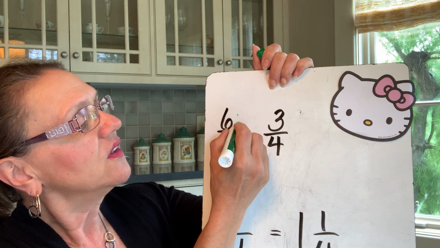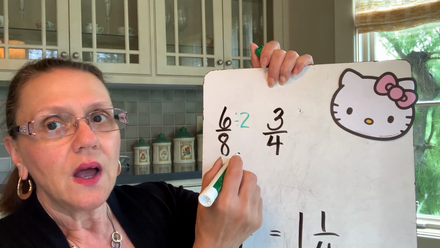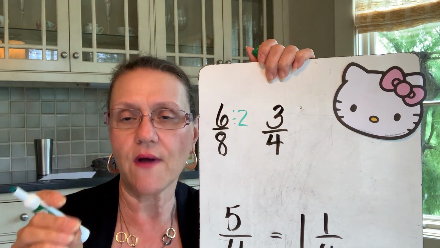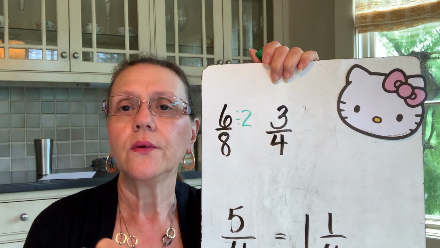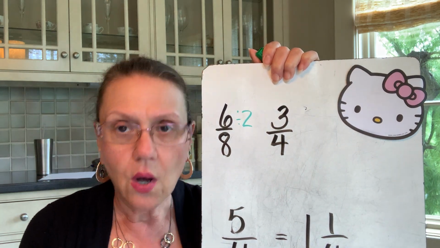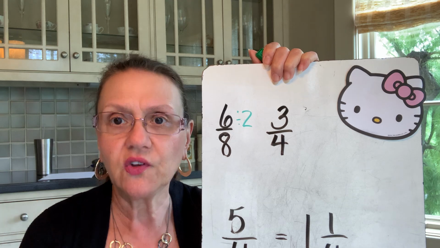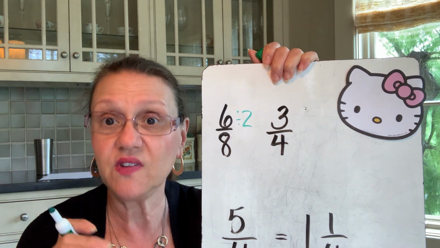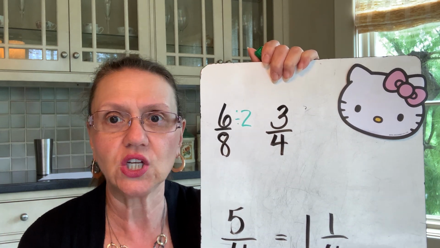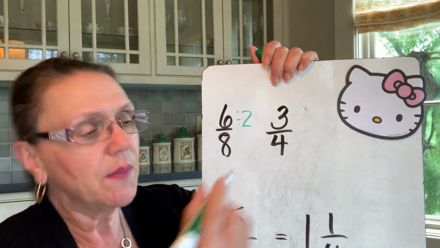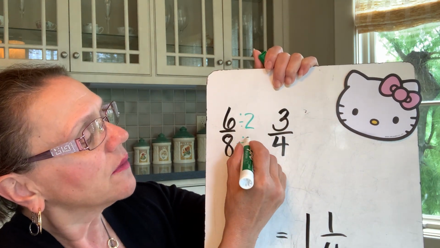So if I divide the 6 by 2, and here is the biggest rule of fractions, remember this rule: whatever you do to the top, you must also do to the bottom. That keeps it equal. So if I divide the top by 2, I have to divide the bottom by 2.